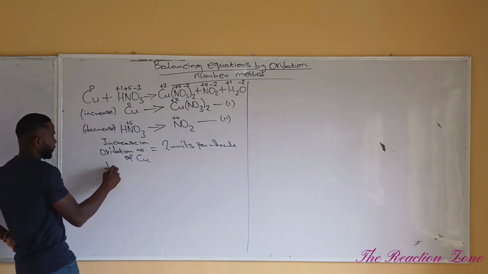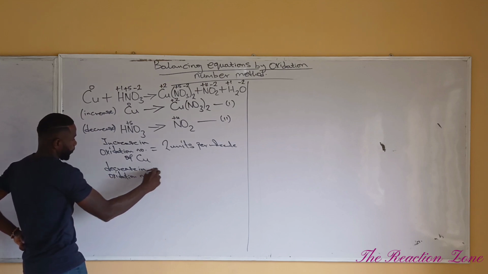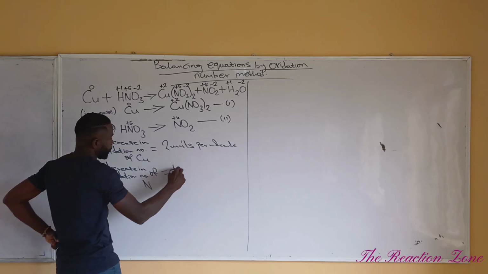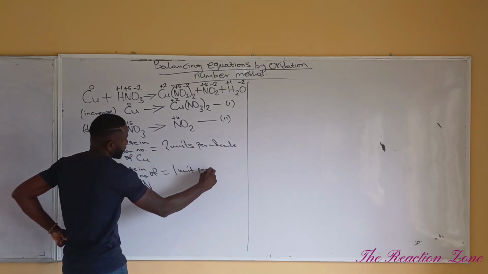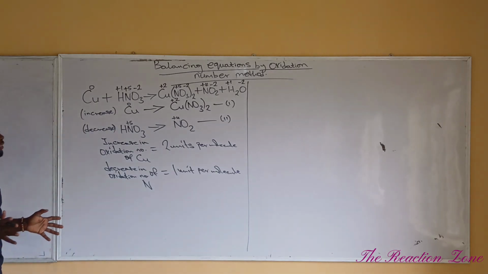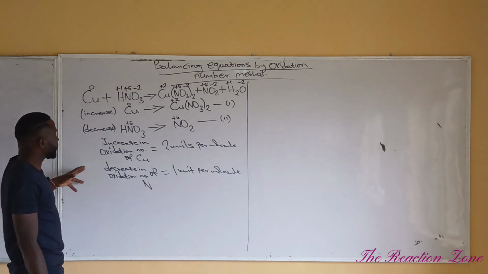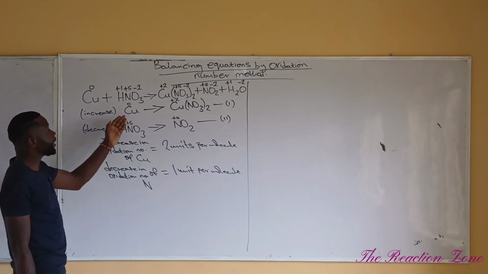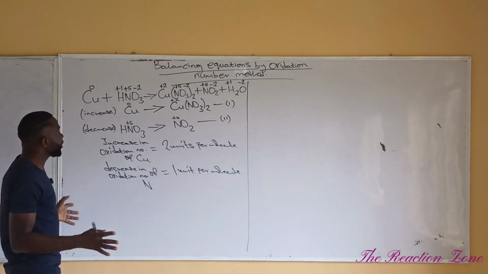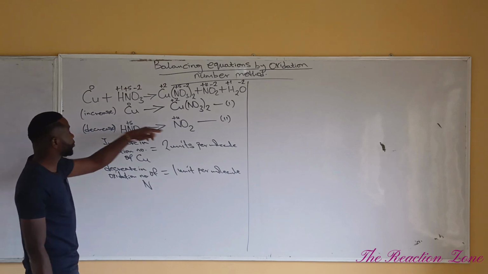And then the decrease in oxidation number of nitrogen is equal to 1 unit per molecule. So what we're going to do at this point is to ensure that the increase in oxidation number for copper as well as the decrease in oxidation number of nitrogen are made to be equal. And the only way to make them equal is to multiply equation 2 by 2.